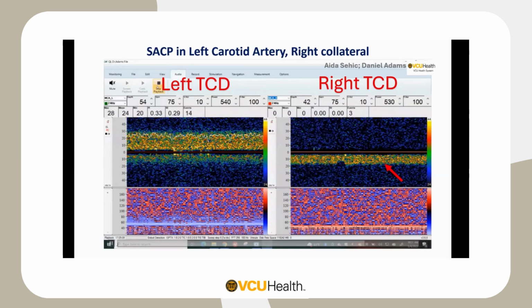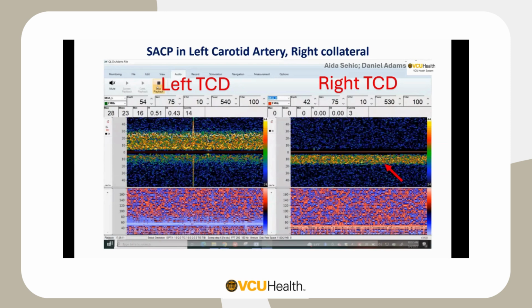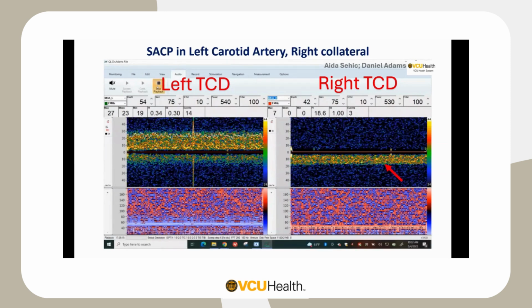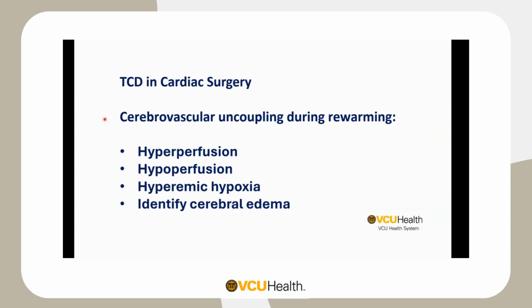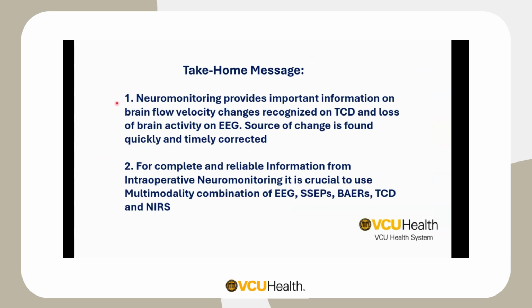It is very helpful during rewarming in cardiac cases to recognize cerebrovascular uncoupling that can manifest as hyperperfusion, hypoperfusion, hyperemic hypoxia, or cerebral edema. Take-home message: neuromonitoring provides important information on brain flow velocity changes recognized on TCD and loss of brain activity on EEG.